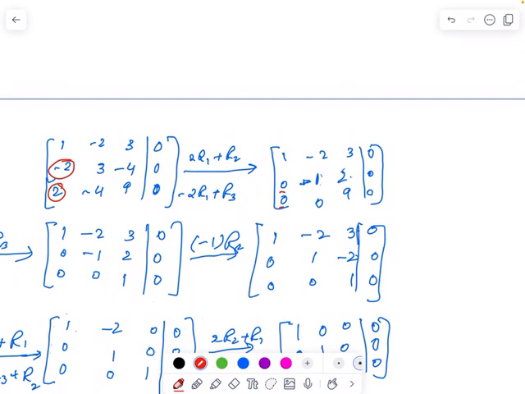And then the next thing I did was to make this quantity 0, which was already a 0, so I didn't have to do much here, but I made this quantity a 1 by dividing by 9, and then made this a 1 by multiplying the second row by -1, that is -1 R2.